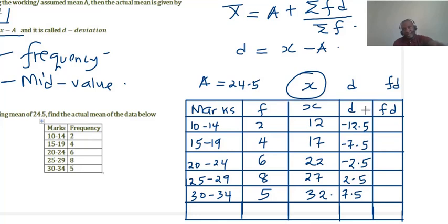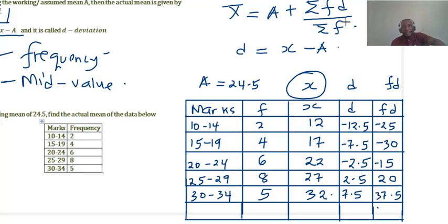Next we need to get fd. f is here and d is right here, so 2 times negative 12.5, this gives us negative 25. 4 times negative 7.5, we get here negative 30. 6 times negative 2.5, we get negative 15. 8 times 2.5, we are getting 20. 5 times 7.5, we get here 37.5.